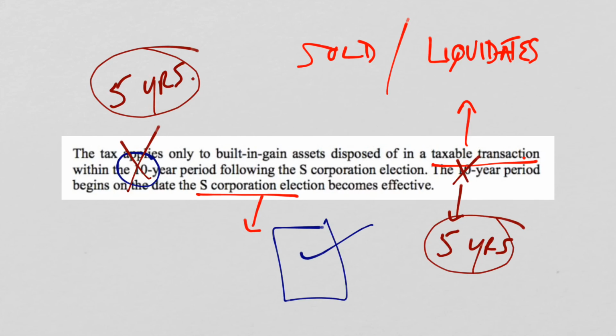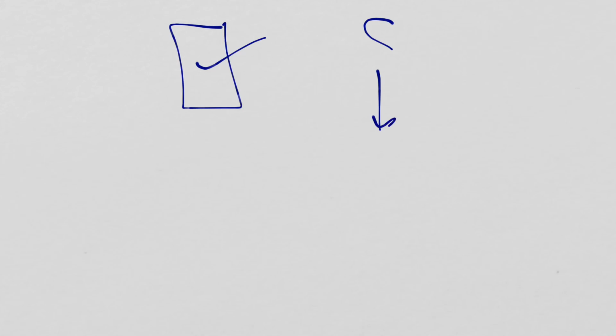Maybe we can still do the, you guessed it, check the box, C to S, thinking that we might be selling, because this doesn't just apply to liquidation, it also applies to what if we sold the C corporation, sold its assets. That's subject to a double tax. So now we only have to wait 5 years. And the situation really works out like this.